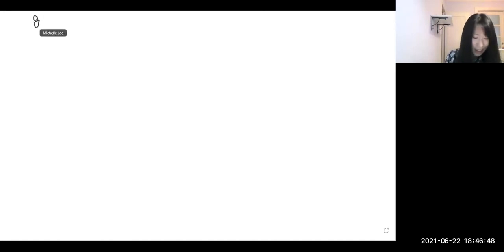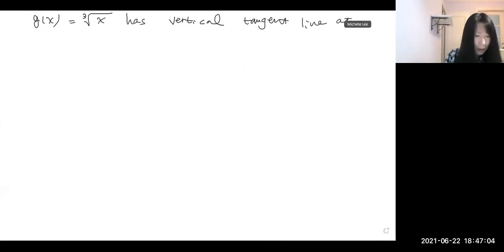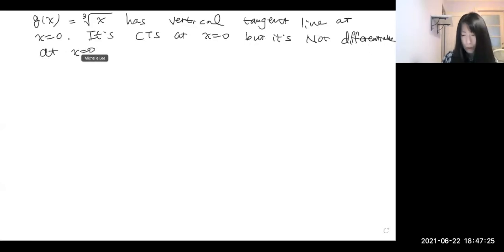Conclusion: g of x equal to cube root of x has a vertical tangent line at x equal to 0. So it's continuous at x equal to 0, but it's not differentiable at x equal to 0. Okay, so conclusion.